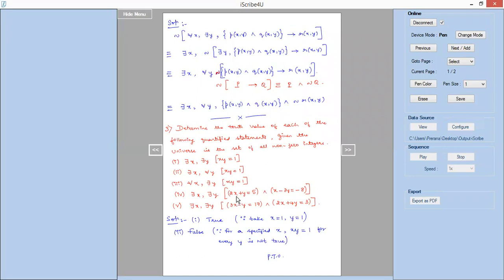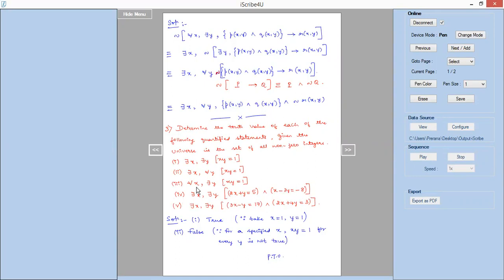With x equal to 1, it becomes like solving these two simultaneous equations, you can do and check it out. Okay, so for x equal to 1, we have 2x plus y is equal to 5 being satisfied, and for y equal to 3 also this is being satisfied. 2 plus 3 is 5. x is 1, y is 3, so 1 minus 9 is minus 8.